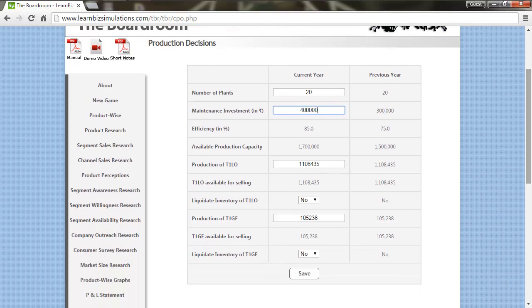Having made the maintenance investment leading to an increase in production efficiency and capacity, now it's time for us to plan the production on the product categories assigned to your organization.